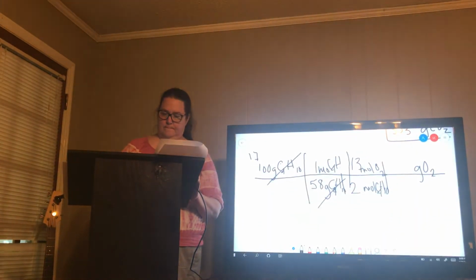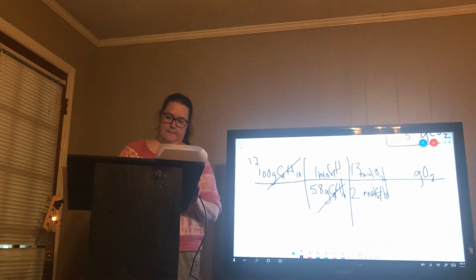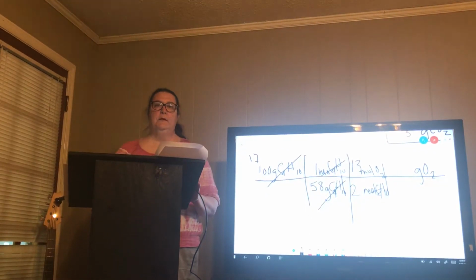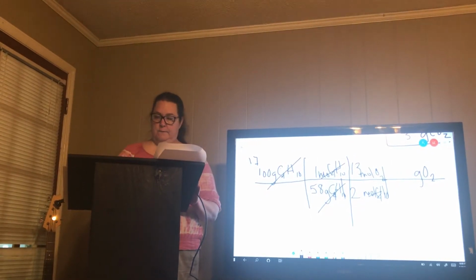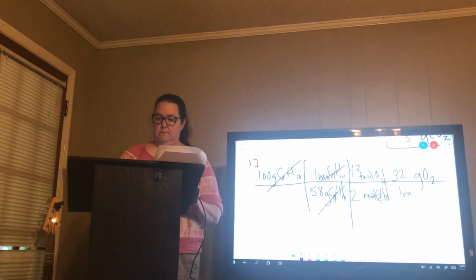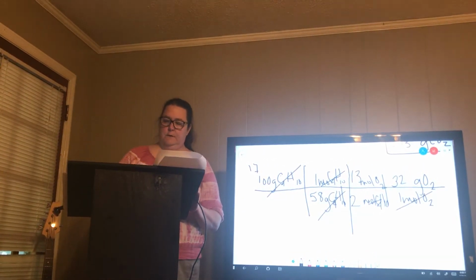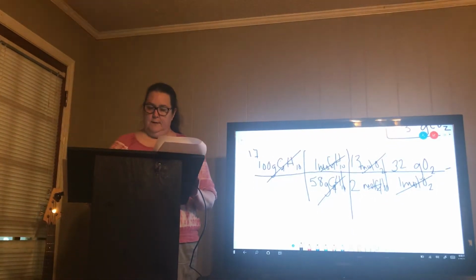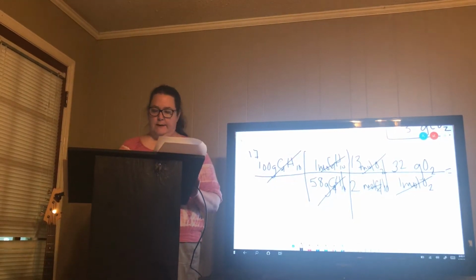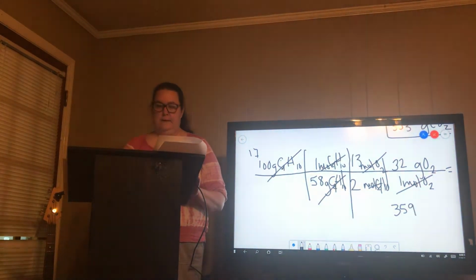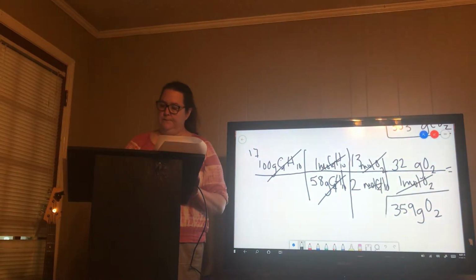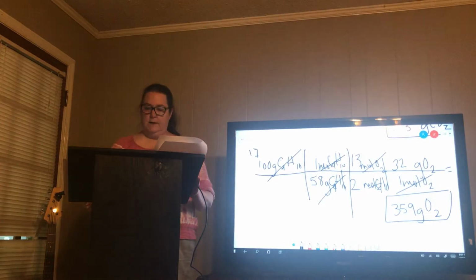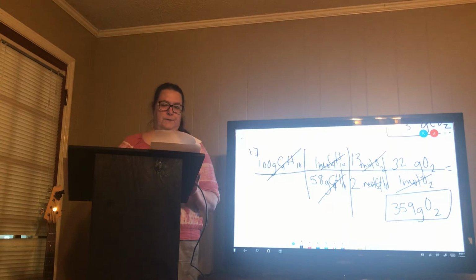So this cancels this out. Now I'm left with moles, but I'm trying to get to grams, so I can use the molecular mass that I know: 32 grams is 1 mole of O2. I'm sorry, my son's playing some game, if you hear him. So this mole cancels out that mole, and I end up with 359 grams of O2. If I start off with 100 grams of butane, I'm going to end up with 359 grams of O2.